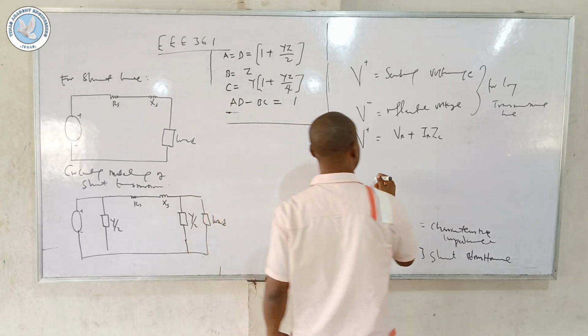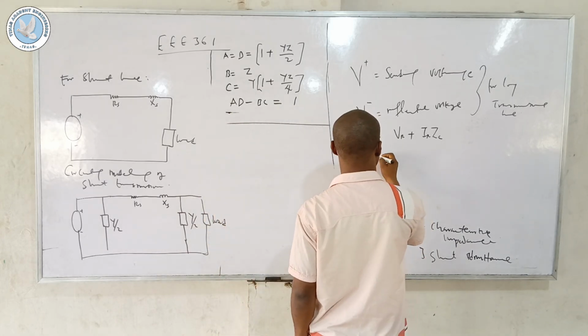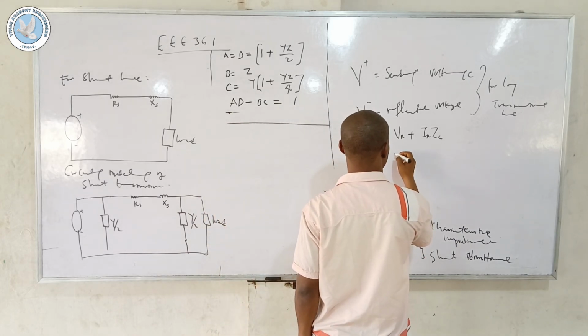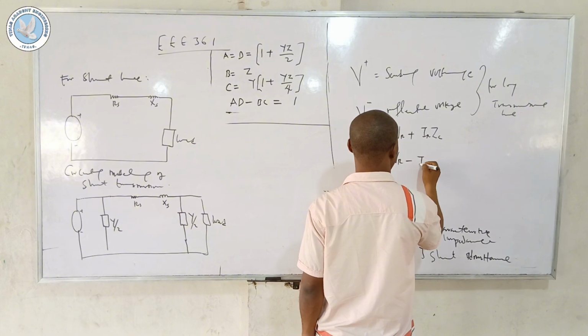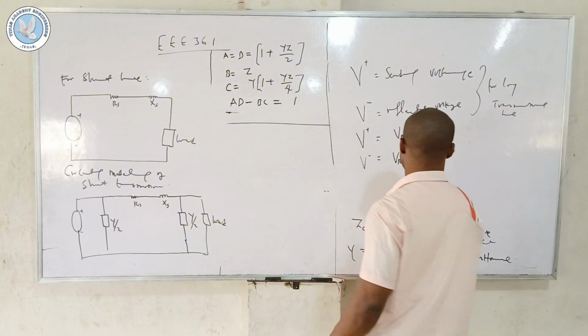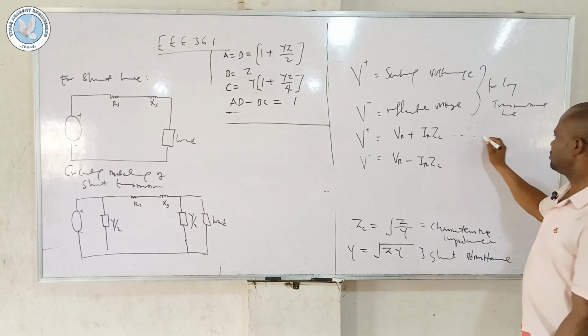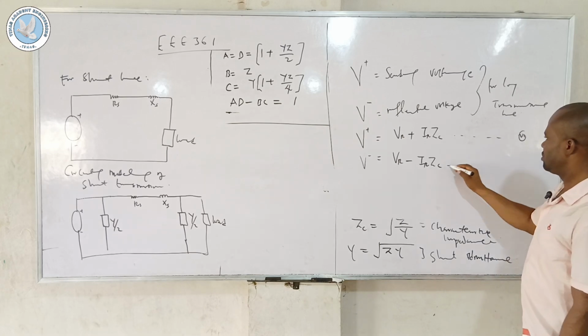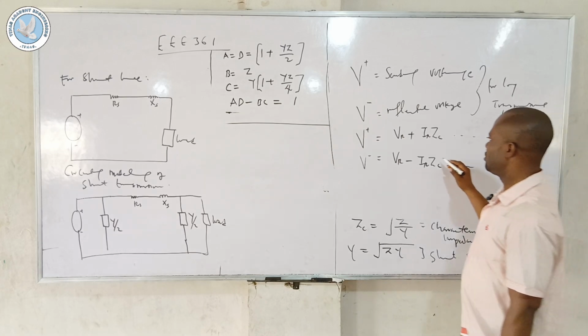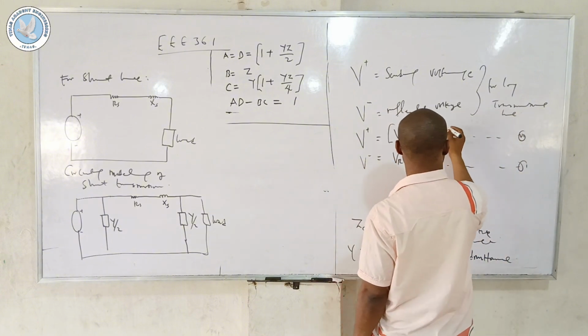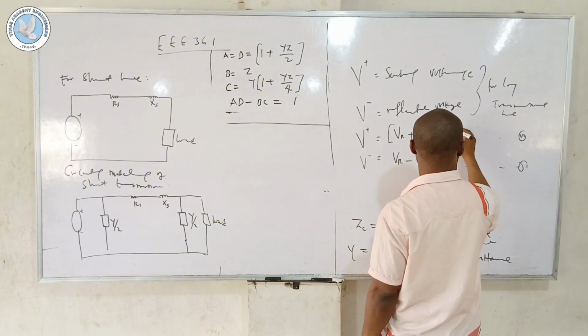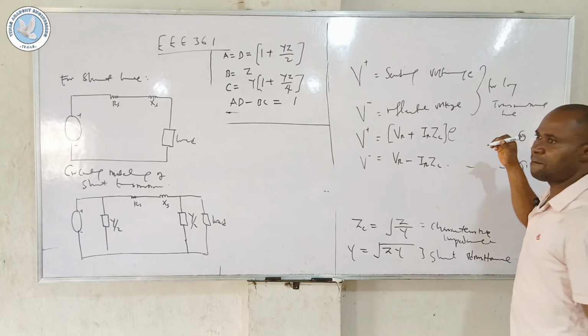Please take note of these two. You can multiply this with exponential γx. This is exponential minus γx.